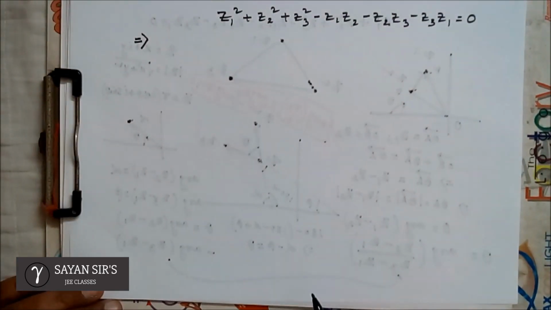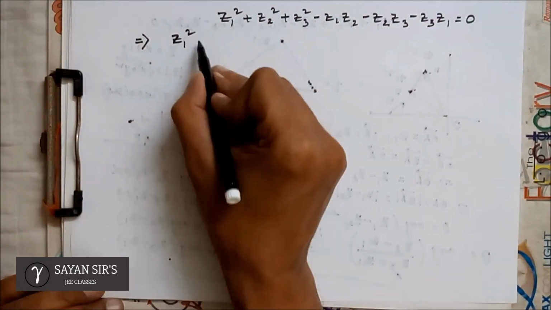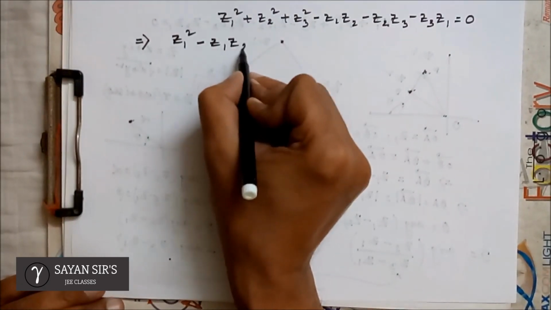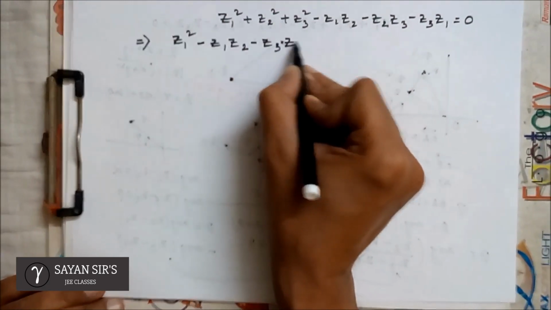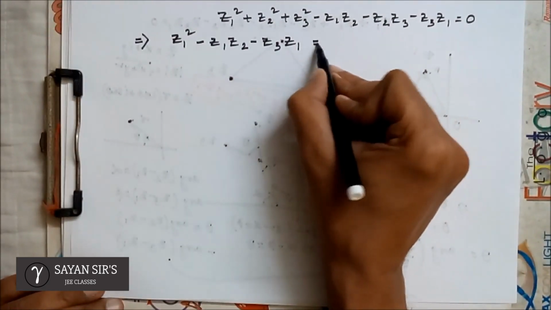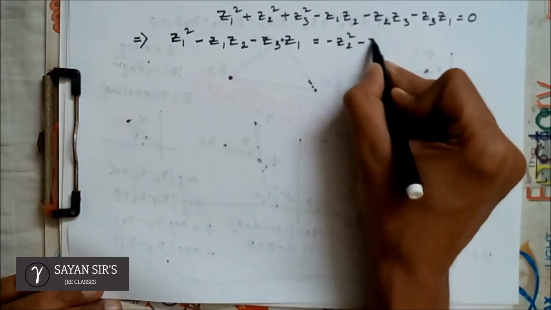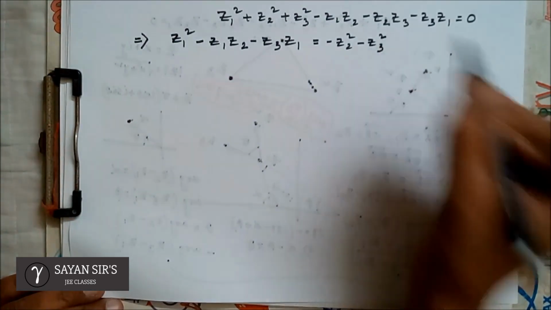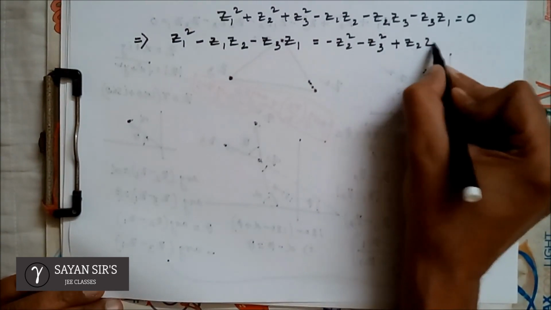I'll keep all the z1 terms on one side and take all the other terms to the other side. So we have z1 squared minus z1 z2 minus z3 z1 equals minus z2 squared minus z3 squared, and I have a plus z2 z3.